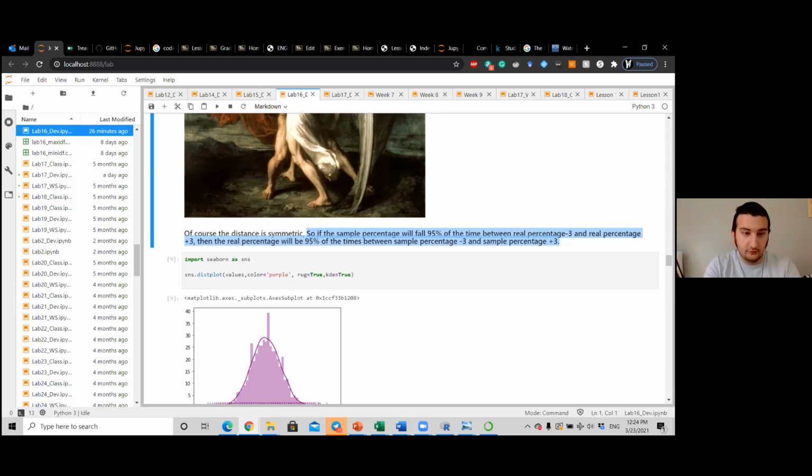So in the God mode, when you knew the real percentage, the population percentage, we looked at a lot of different samples and we said, okay, in 95% of cases, we are somewhere around this population mean -3 to +3. That was what we understood in the God mode. Give me an okay and I will move on. Okay. All right.